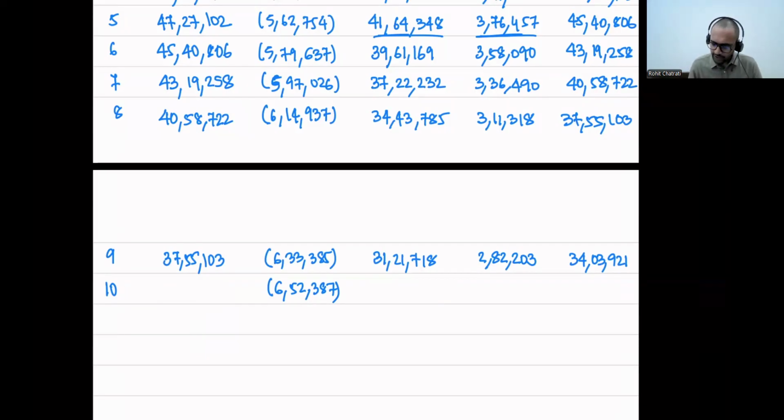So now for the 10th year, 34,03,921 becomes the beginning amount. You are making a payment of 6,52,387. Therefore, the beginning balance less payment is equal to 34,03,921 less 6,52,387, that is equal to 27,51,534.